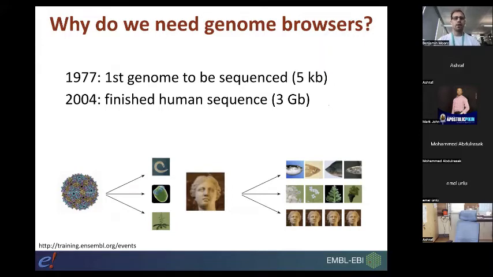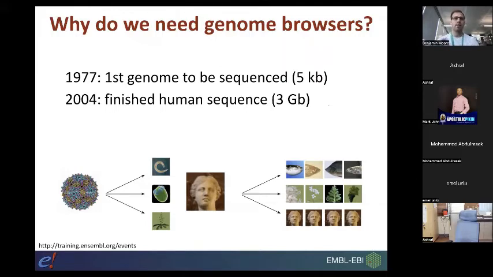Okay, perfect. So the first organism to have its genome sequenced was a bacteriophage back in 1977. Fred Sanger and his team here in Cambridge in the UK developed a way to sequence the genomes of simple organisms. They sequenced a bacteriophage which had a genome of just 5 kilobases in size.